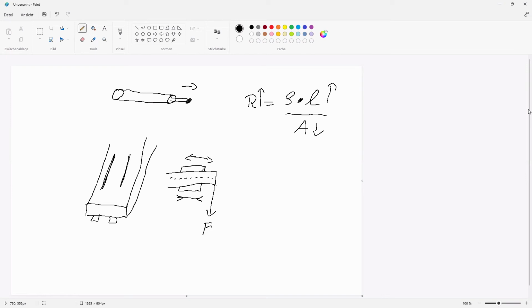That means here, when you have an extension, the resistance would increase, and on the underside, the resistance would decrease. And this can you measure?